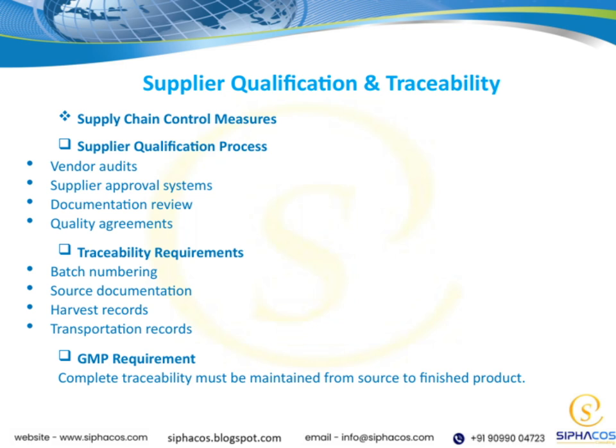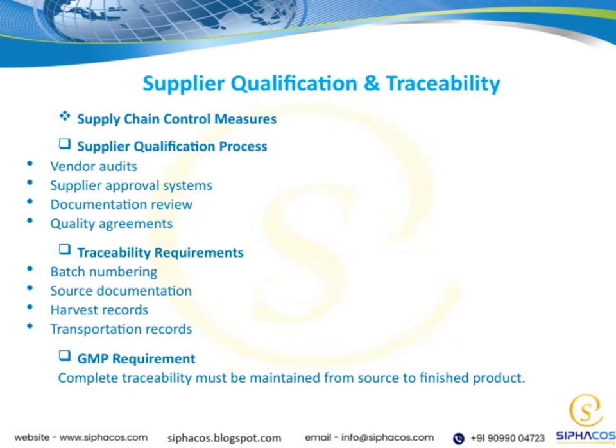We implement batch numbering to uniquely identify each production lot. Source documentation provides the origin details, ensuring transparency. Harvest records help us trace raw materials back to their source, and transportation records give us visibility into the movement of goods from harvest to manufacturing.